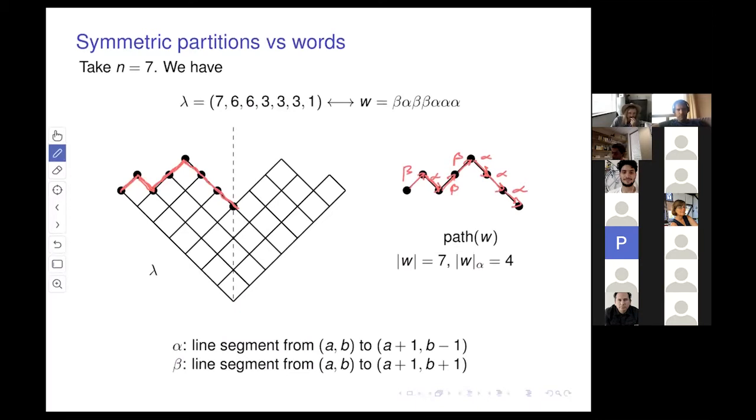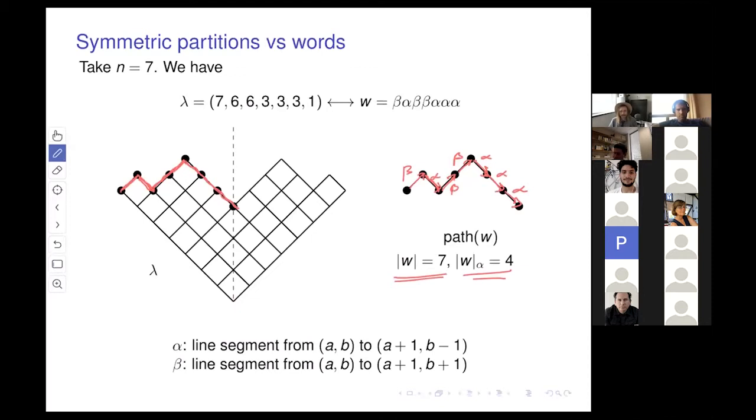Okay. So this is the indexing set for my Schubert cells. I'm going to write the size of the word W to be just the number of letters, and also use this notation to count the number of alphas, and a similar one for beta. So that's the basic combinatorics that describes the cells in the Lagrangian Grassmannian.